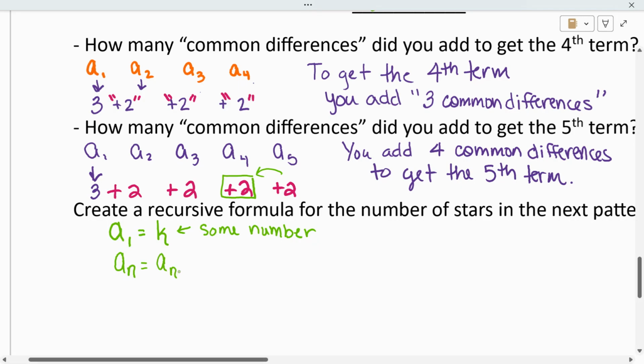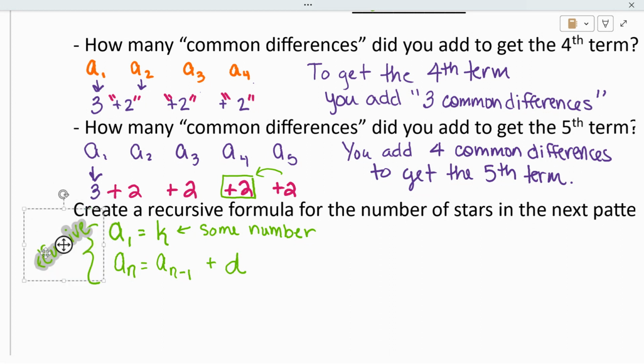Yeah, a sub n minus 1 plus the common difference. This is the recursive formula.